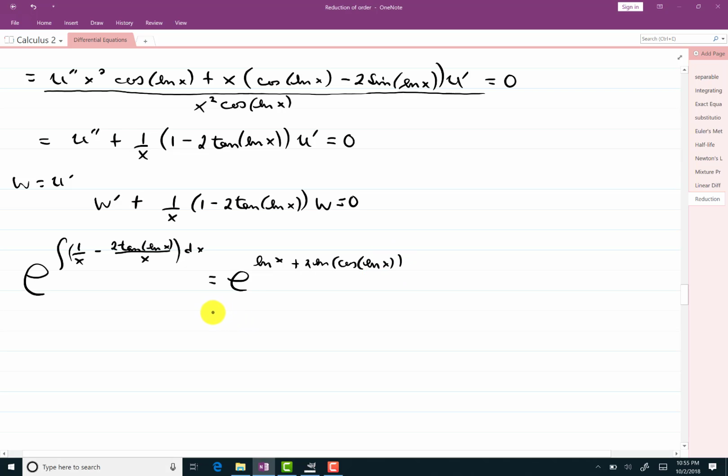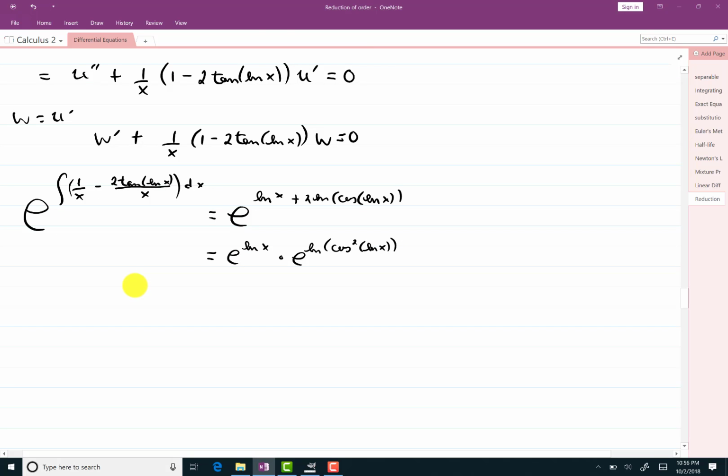I'll break this up. E to the ln of x times e to the 2 ln of cosine. What I'm going to do is take this 2 and put it on top of the cosine. So I'll get ln of cosine squared of ln of x. And of course, the e's and the ln's cancel. I'll get x times cosine squared ln of x. So that's what I'll multiply everything by.